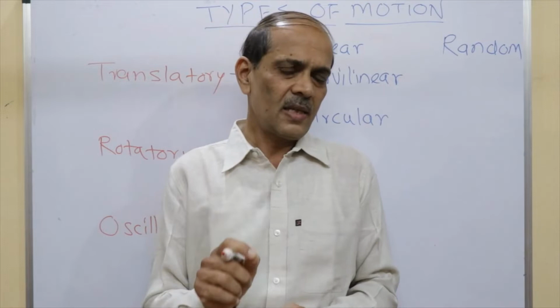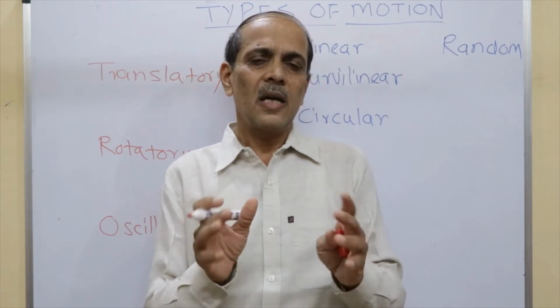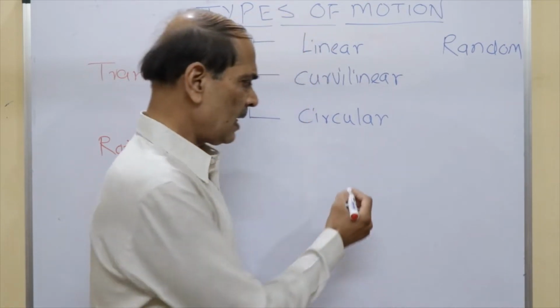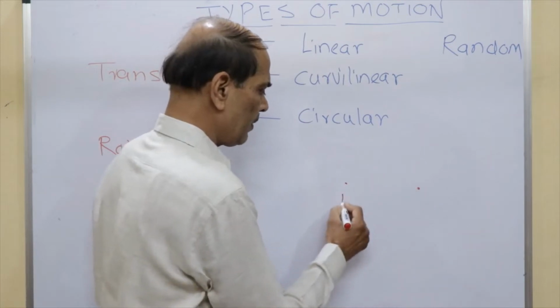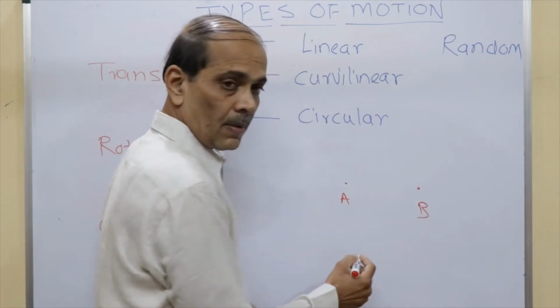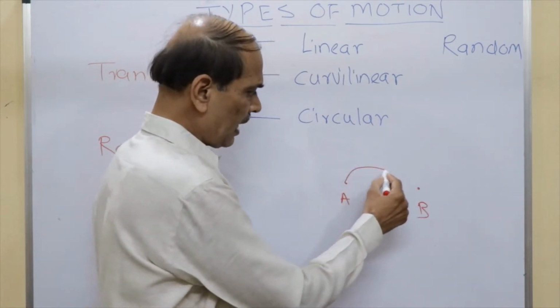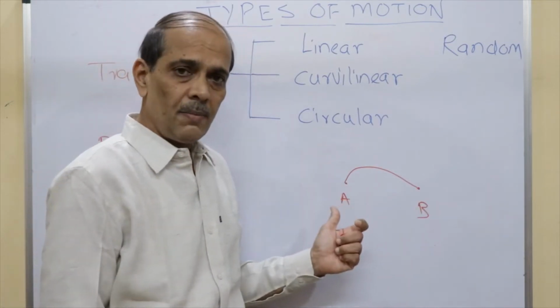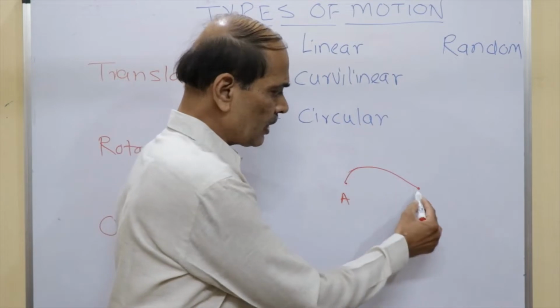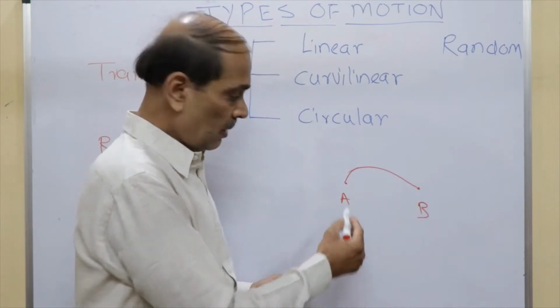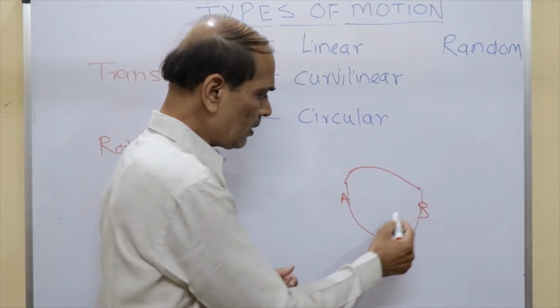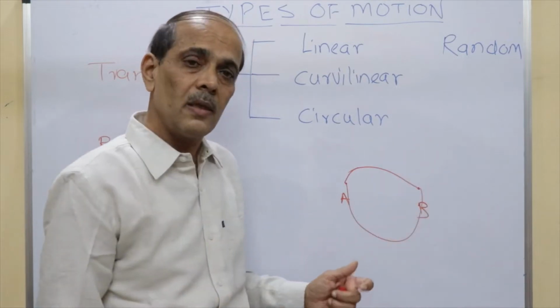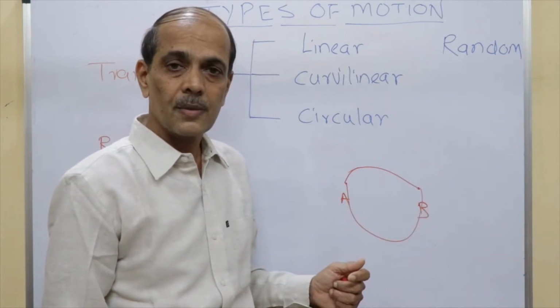But distance is a little confusing term, because if I say object A and object B, somebody may take a path like this to reach object B. For that path, the distance would be this much. Somebody may prefer even going this way, so the distance would be much more than what it was earlier.